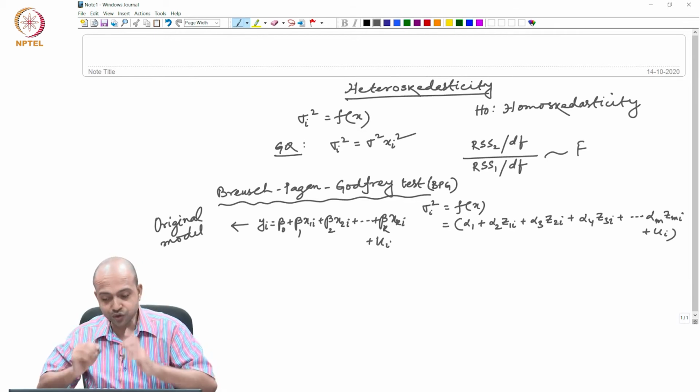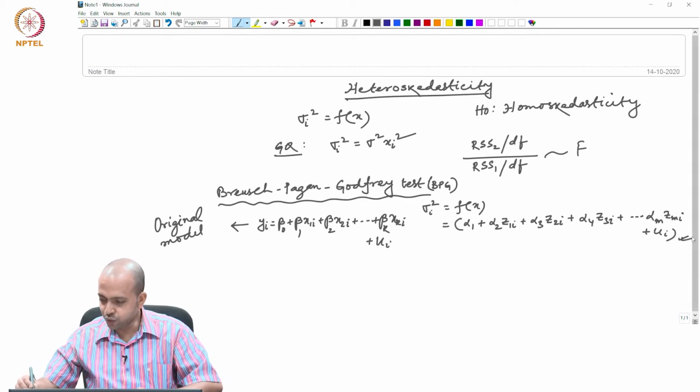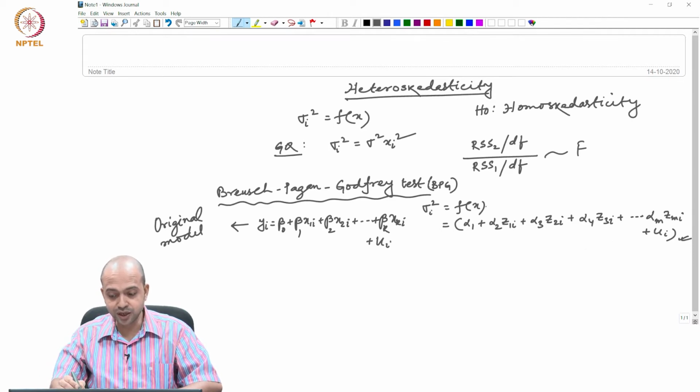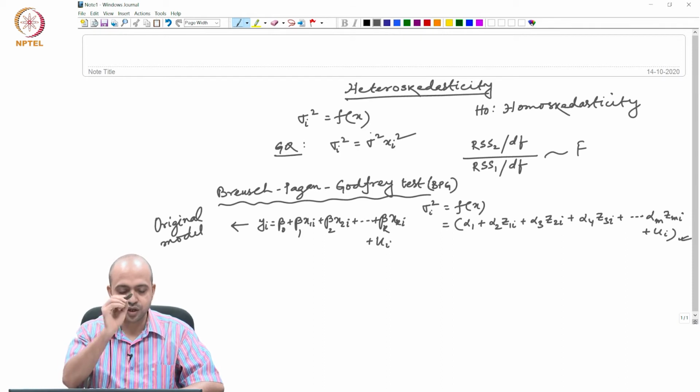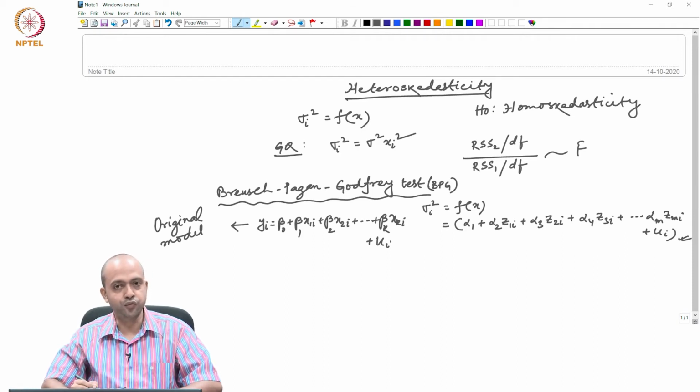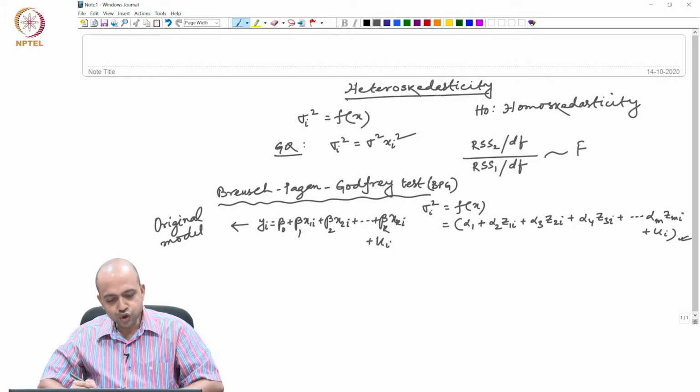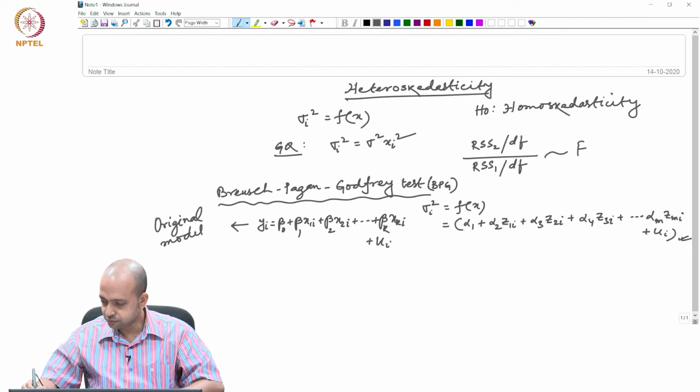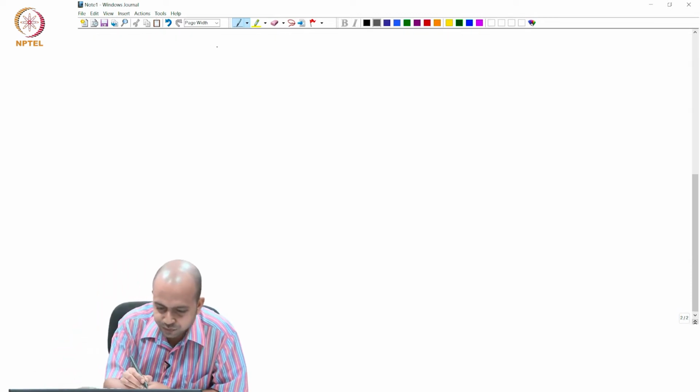So you can write this equation in terms of x also. What you need to observe here is the way I have specifically mentioned the nature of f(x), vis-a-vis the Goldfeld-Quandt test, right. This is the procedure. Now, in the Breusch-Pagan-Godfrey test, they have also given certain steps, and I will now discuss the test. So, this is the BPG test.